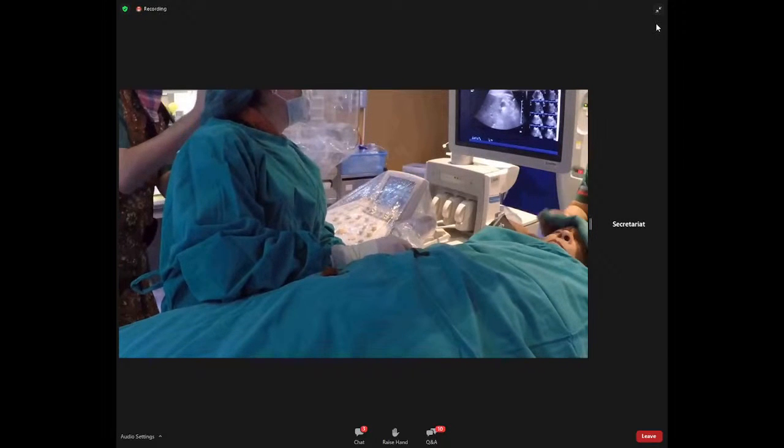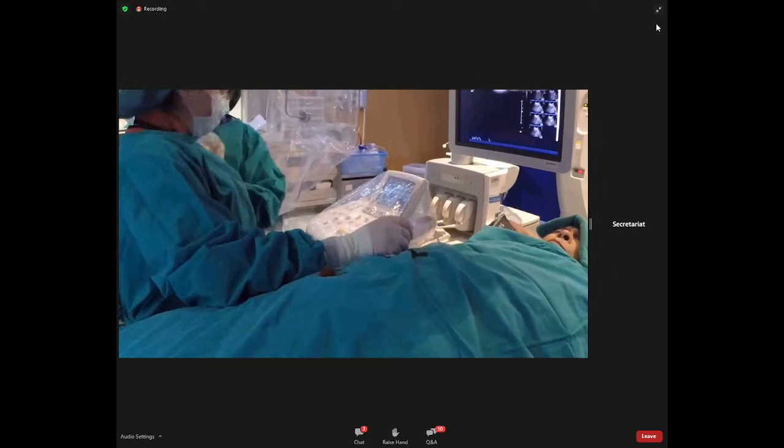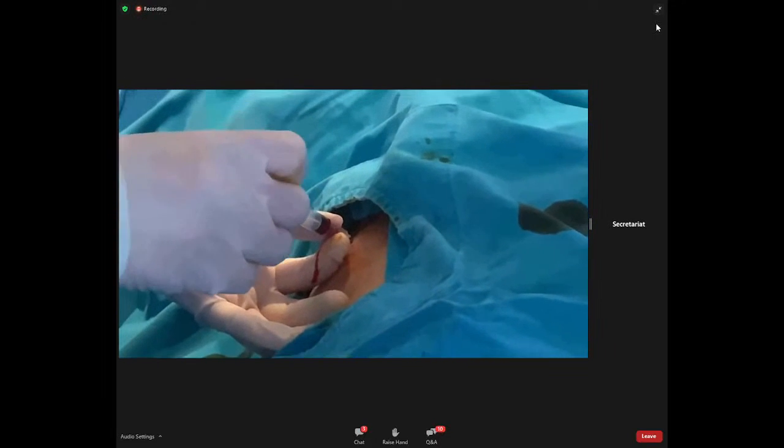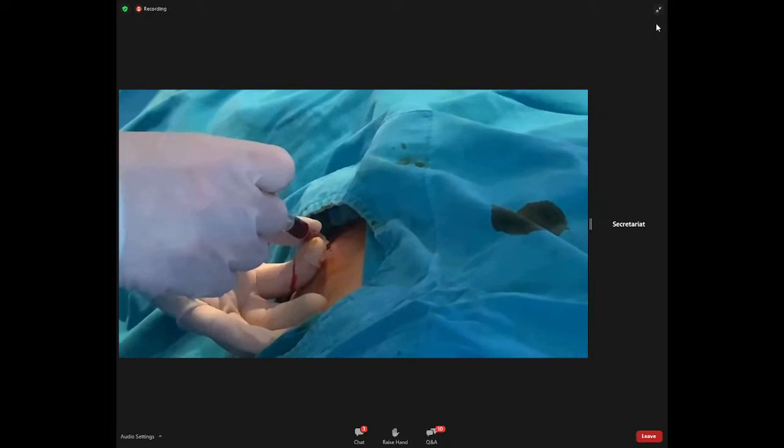When the needle's tip is in the true lumen of portal vein, I can easily aspirate the blood from the needle.